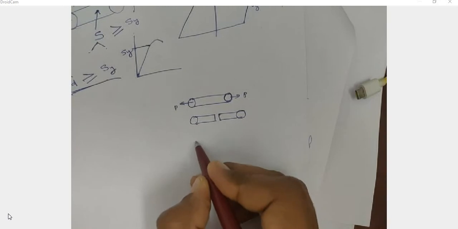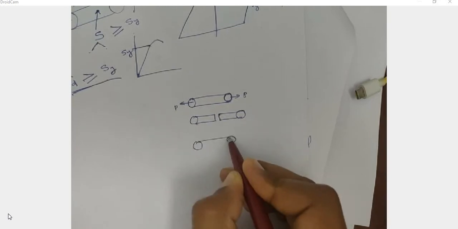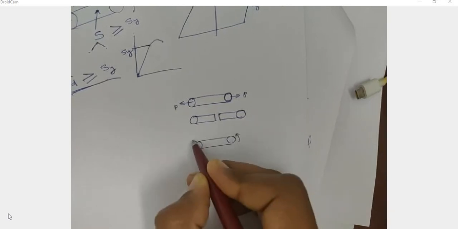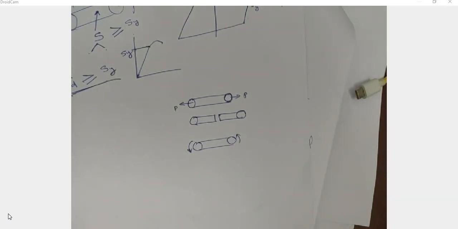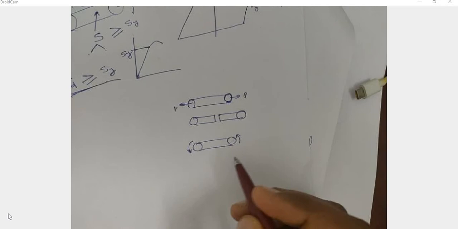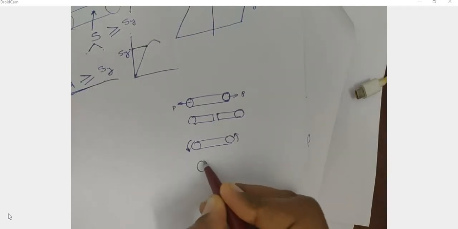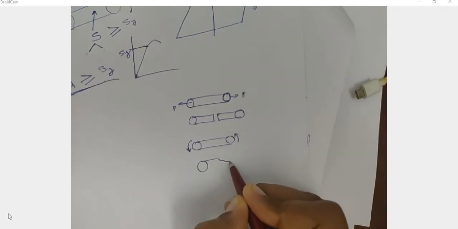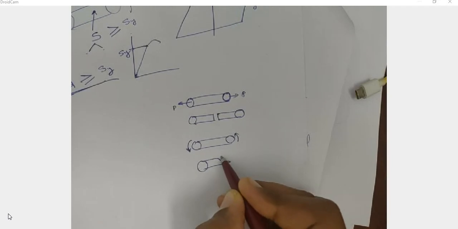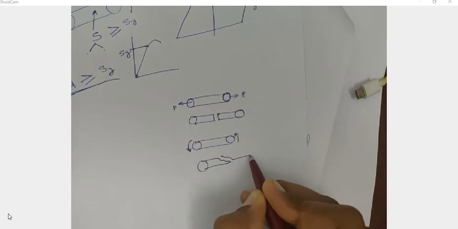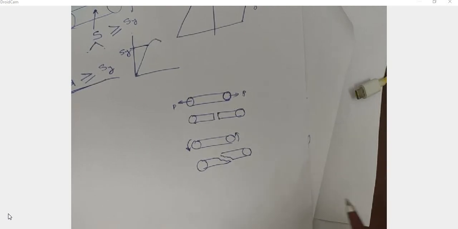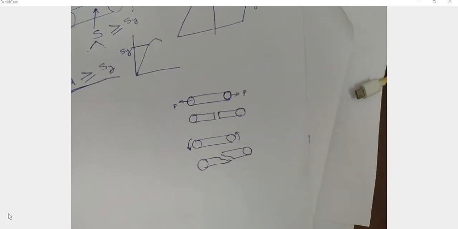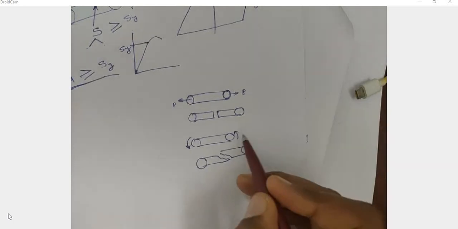But take the same chalk piece and apply a torsion force, that is, apply torque or twisting moment. Then the failure will be like this. A 45-degree angle or helical failure when it is subjected to torsion.